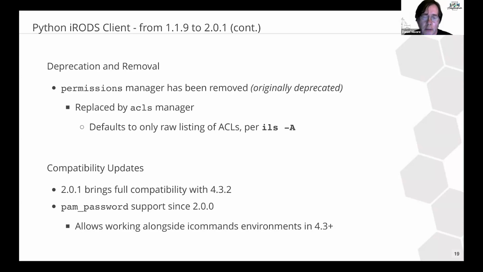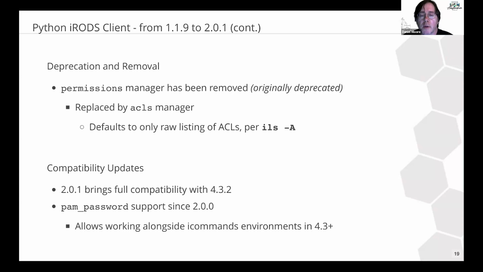So essentially then 2.0.1, which came up very recently, is actually more of a compatibility release, and in point of fact, it is bringing up compatibility to the latest version of the iRODS server, which was also recently released.